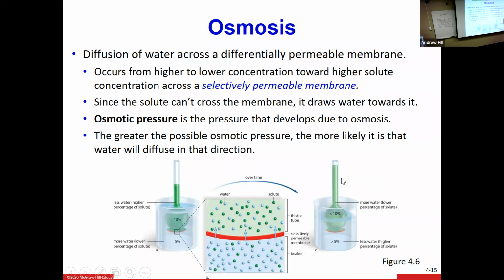So osmotic pressure is a real thing that's very easily measurable in a lab. Eventually this will stop, because the pressure pushing down causes a kind of hydrostatic pressure, in which the water molecules will actually move back across this semi-permeable membrane in the other direction, just due to the water pressure. That will balance out the movement of water down its concentration gradient.